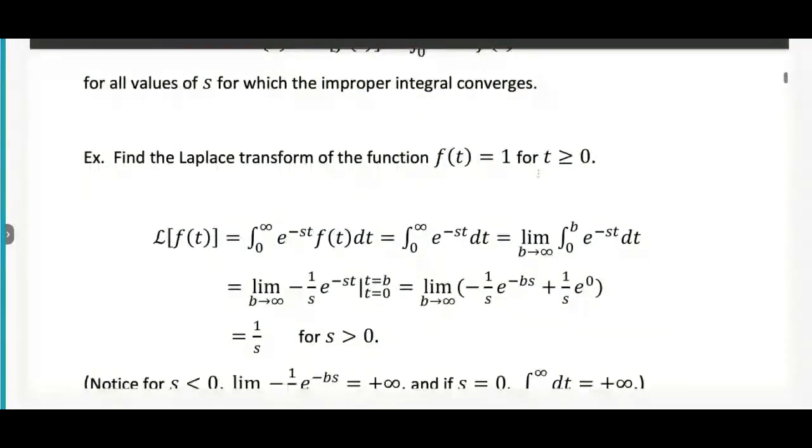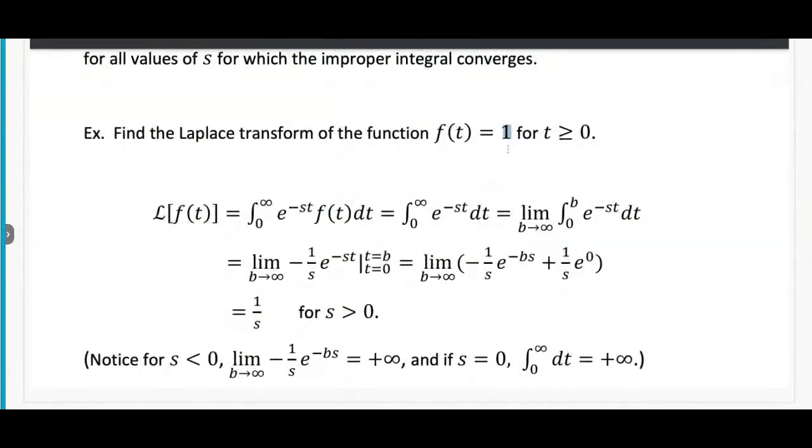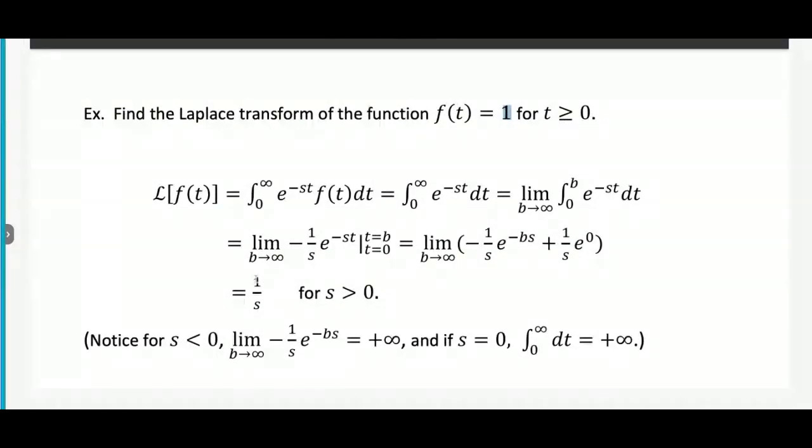Then we have calculated a couple of them. So we have calculated Laplace transformation of 1 or of any constant. Well, we could just use C. f of t equals C. So that would be C over s for positive s. Right? Go through the definitions.